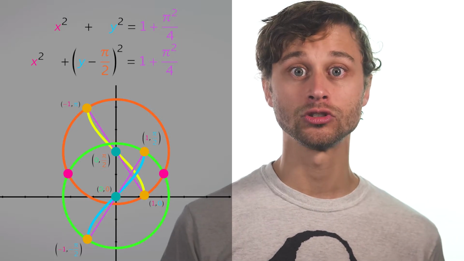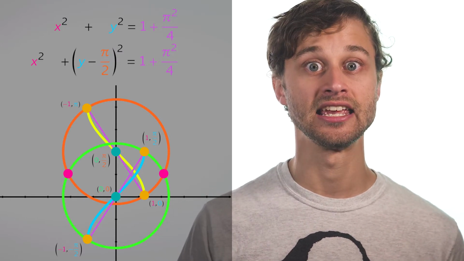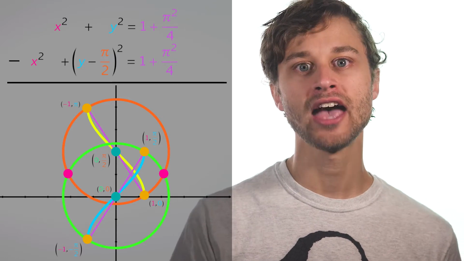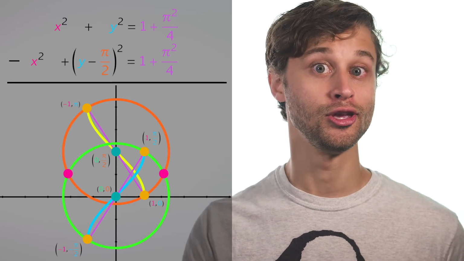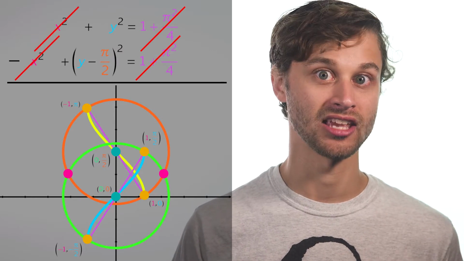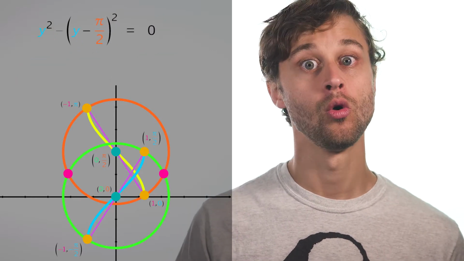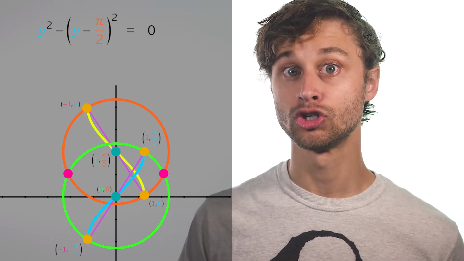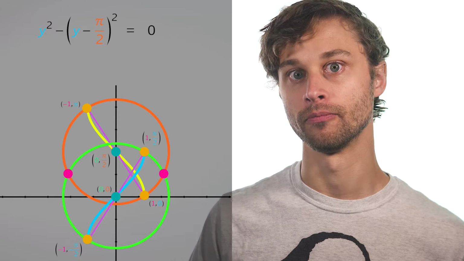Now, we can set these equal to each other, or use a systems of equations technique, elimination through subtraction. If we do that, we eliminate both the radius part and the x squared part, and we're just left with a function in terms of y. So we have y squared minus (y minus pi/2) squared is equal to 0.